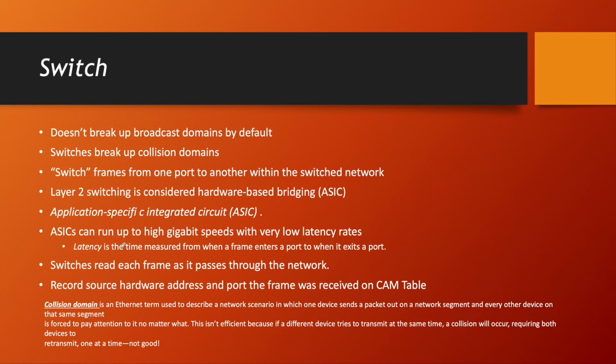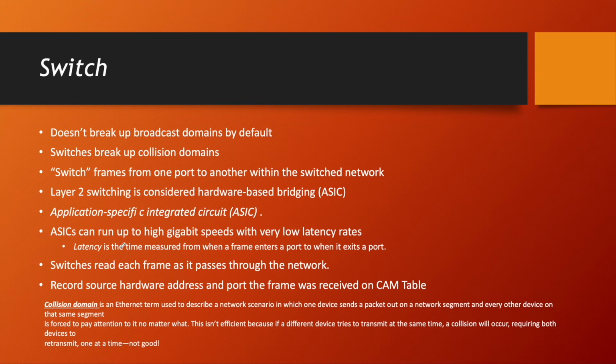So switches are quite fast at processing traffic. The ASIC can run at high gigabit speeds with low latency, so with very small delay, you can run a high speed network.